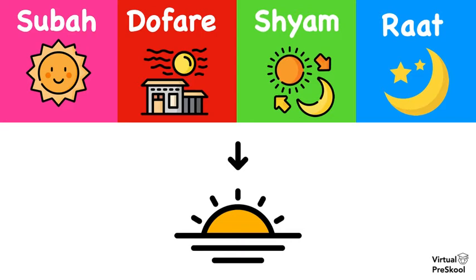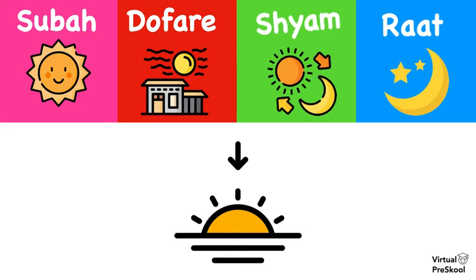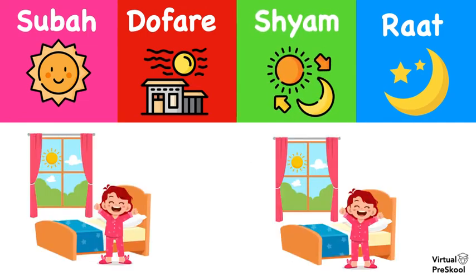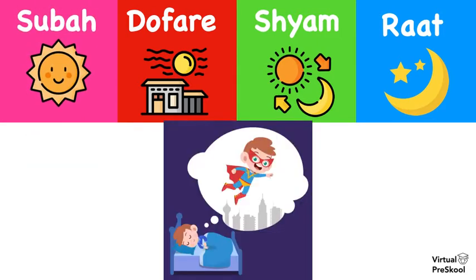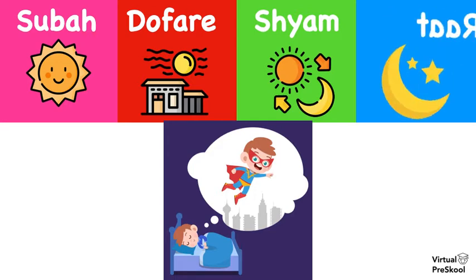So would this be subah, doupher, sham, or raat? This would be sham. And what about this one? Subah, doupher, sham, or raat? Subah. And this one? Subah, doupher, sham, or raat? This one would be raat.